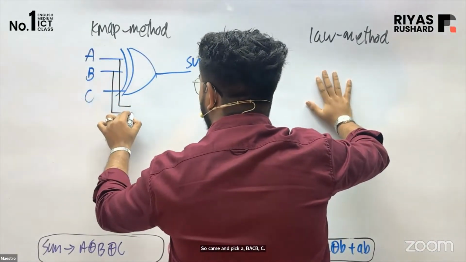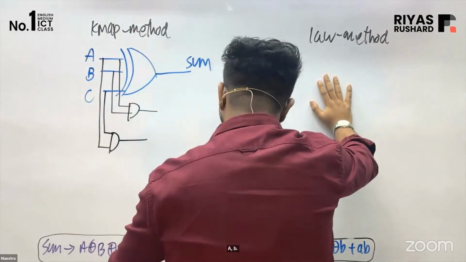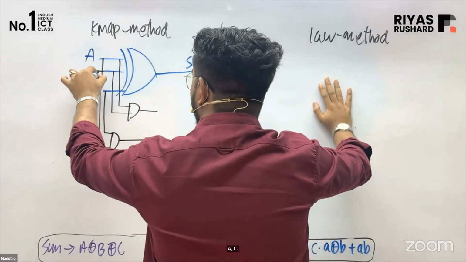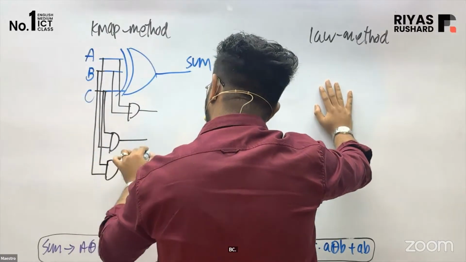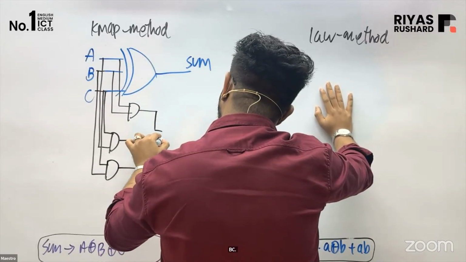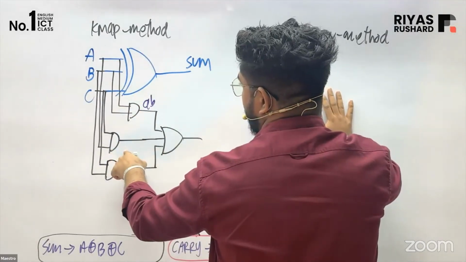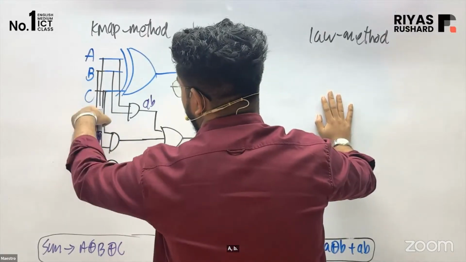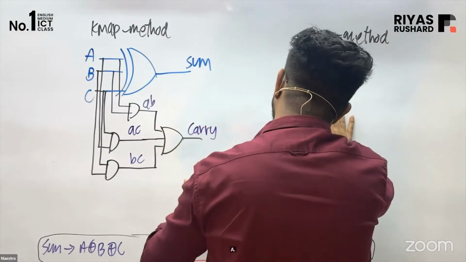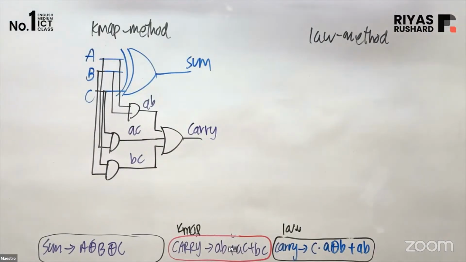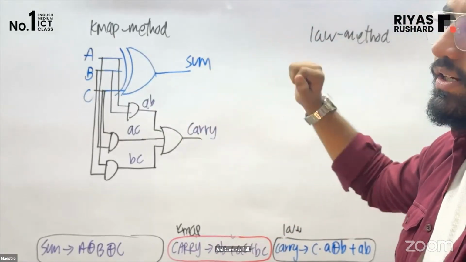A, B, A, C, B, C. A, B, this is C, and A, C, B, C. Okay, a full adder can be designed using the K-map method, simplified correctly.